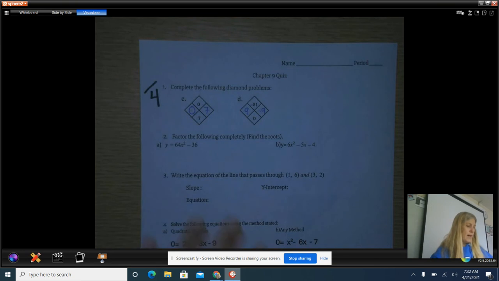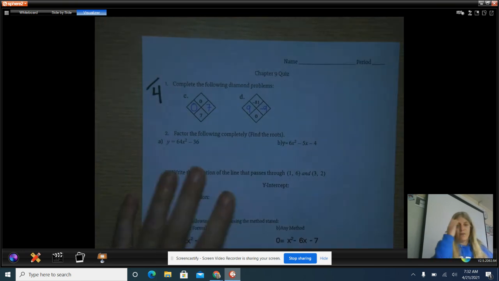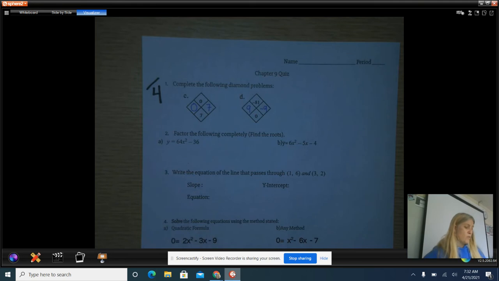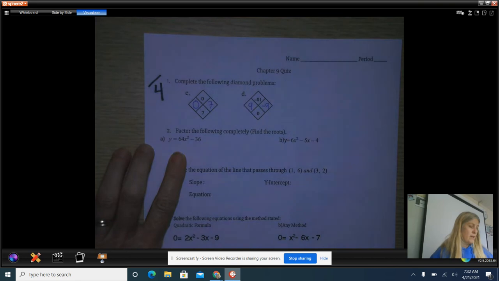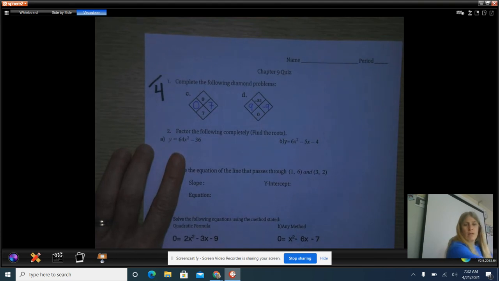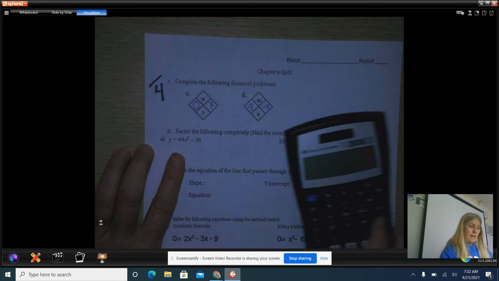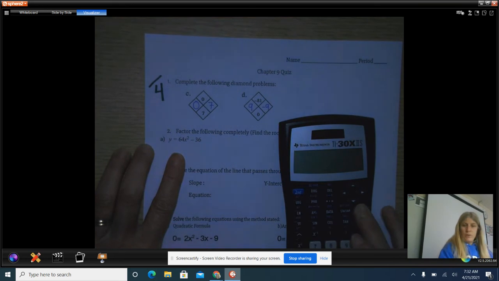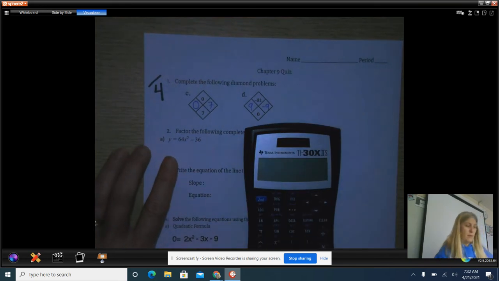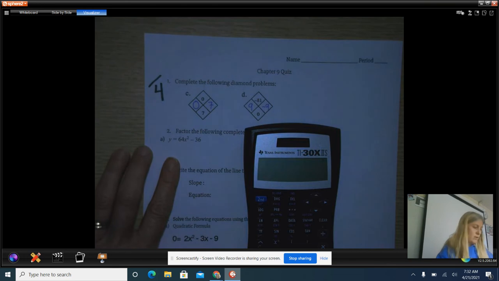Okay, now we're going to go ahead and factor. We're going to find the roots. There's a couple of ways that we can take a look at this first one. One of the most efficient ways is to see that both of those numbers, 64 and 36, can be reduced. If we reduce them first, it makes the problem a little bit easier to solve.